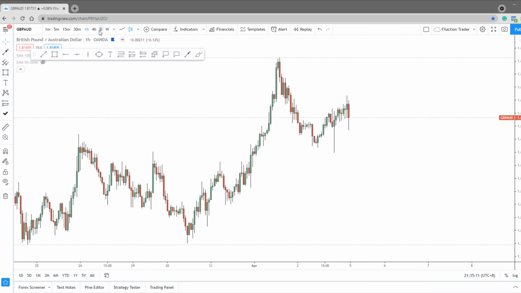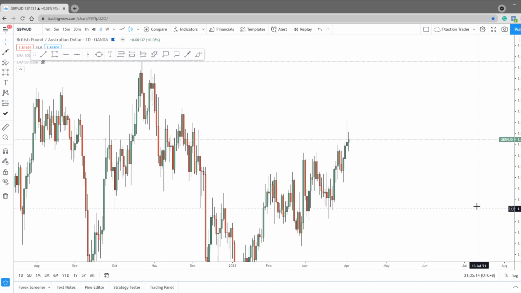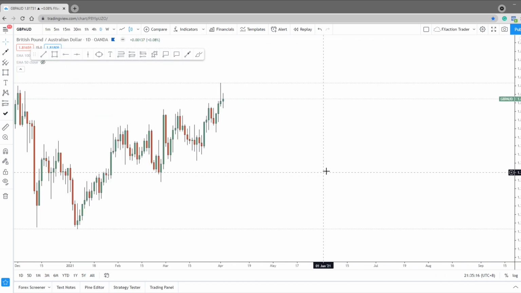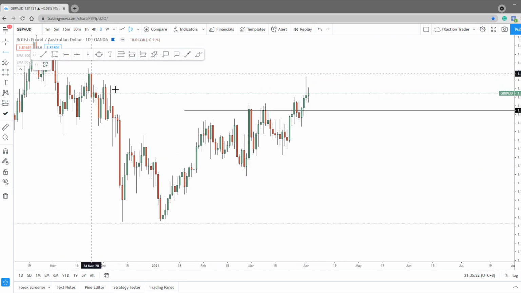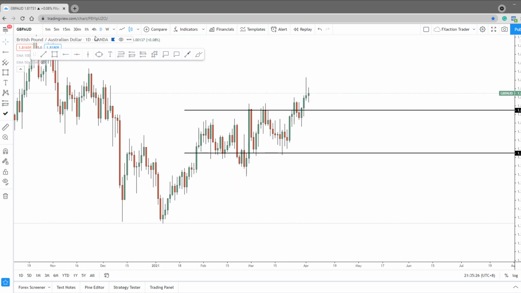Let us have a look at the pound Aussie. On the daily chart, it's very obvious that the market has been in an uptrend, and we can see that the market broke the previous high again and created a new high level.